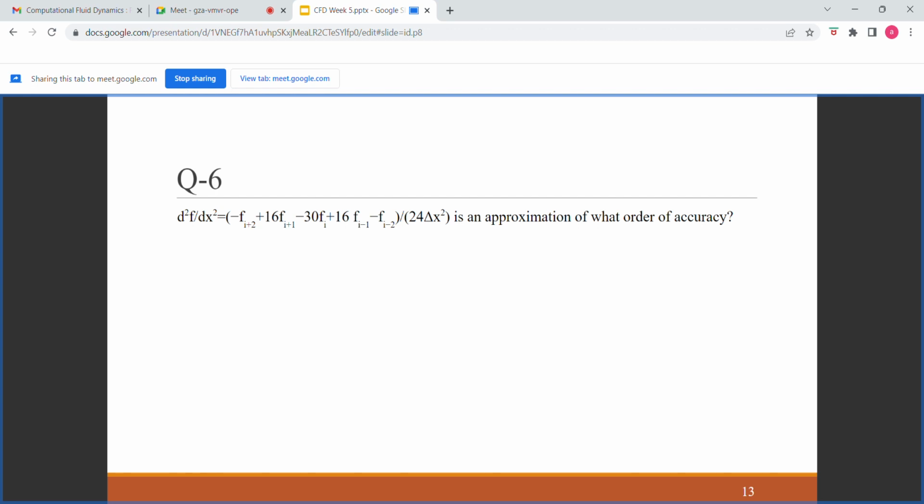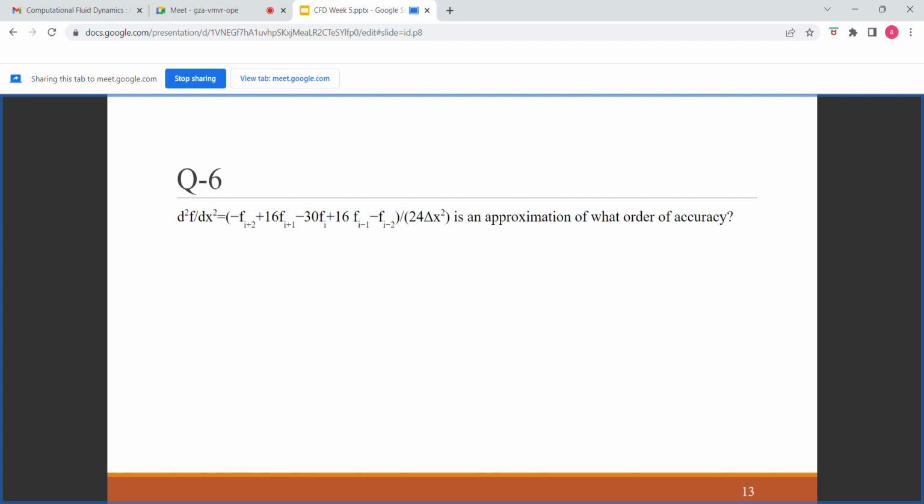So a few things are given. They have given an equation and asked what is the order of accuracy of this equation. That is d square f by dx square is equal to minus f of i plus 2 plus 16 f of i plus 1 minus 30 f of i plus 16 f of i minus 1 minus f of i minus 2 by 24 delta x square.